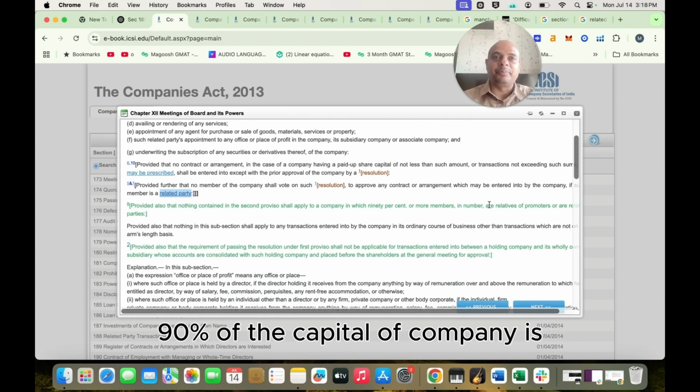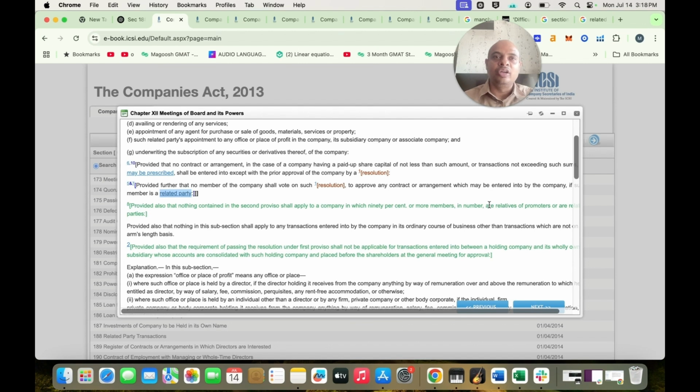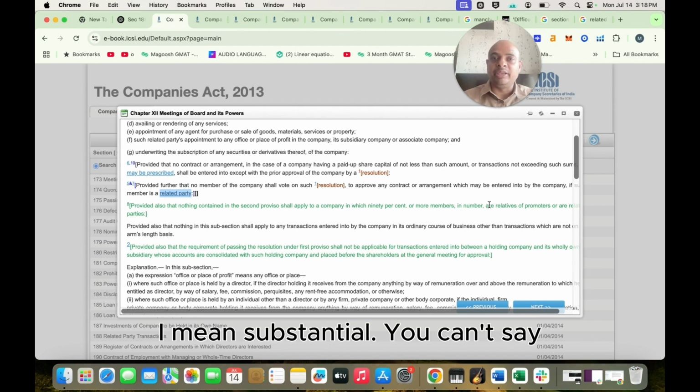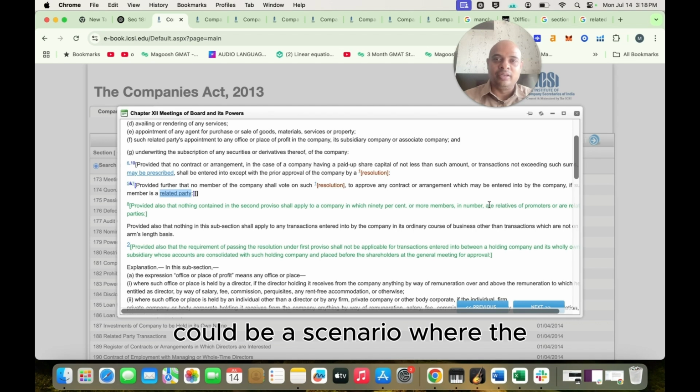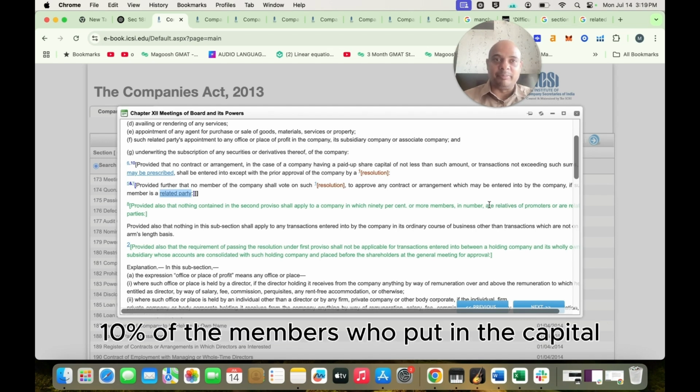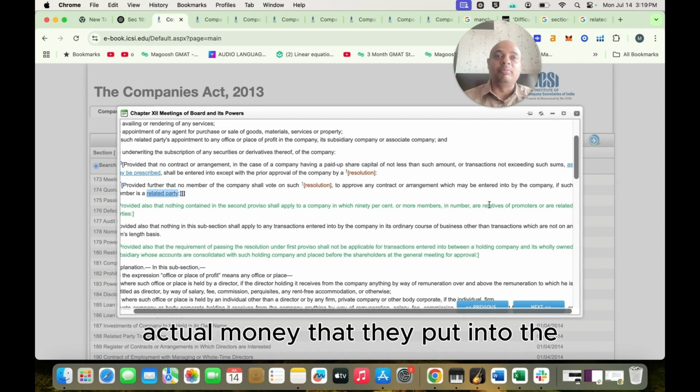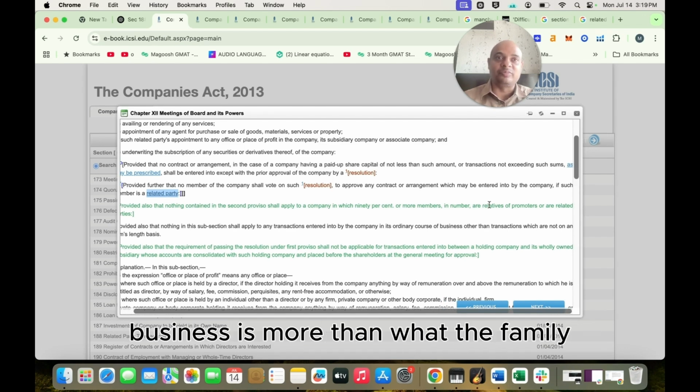because 90% of the capital of company is pulled in by these substantial, you can't say 90% of the capital, but because there could be a scenario where the 10% of the members who put in the capital, the actual monies that they put into the business is more than what the family has put in.